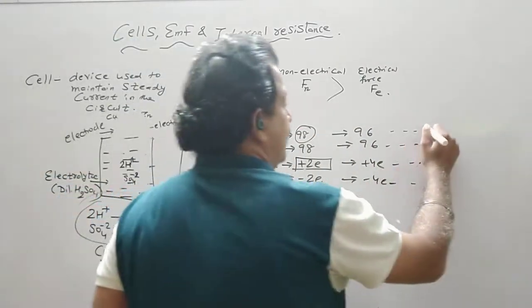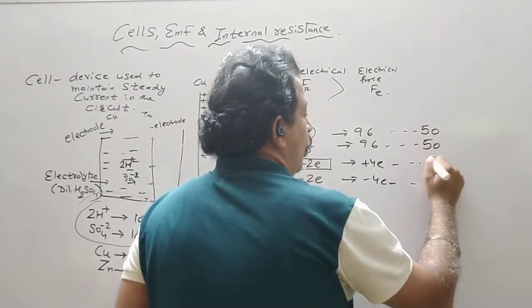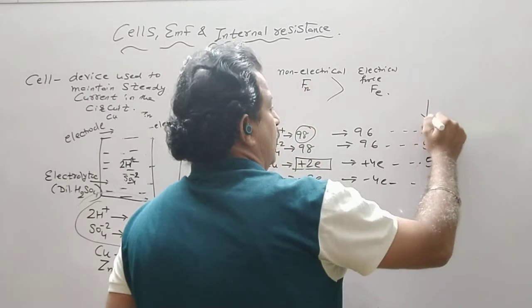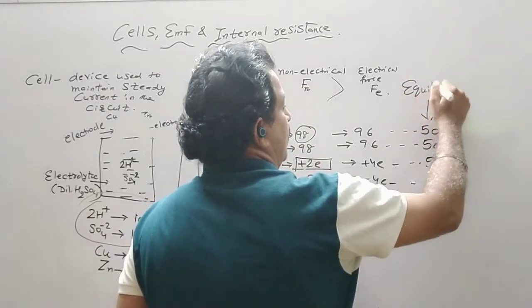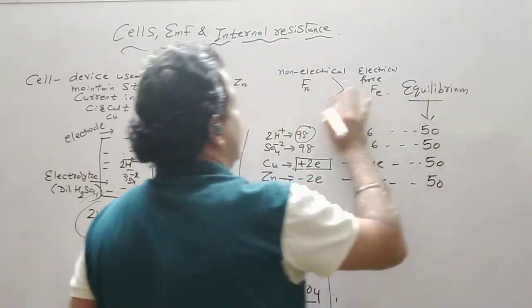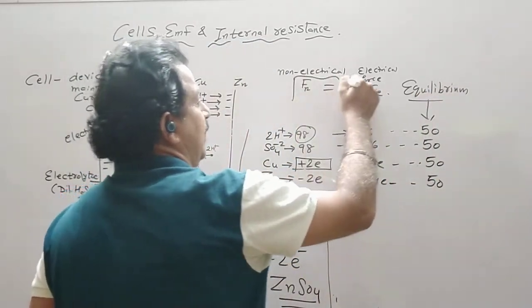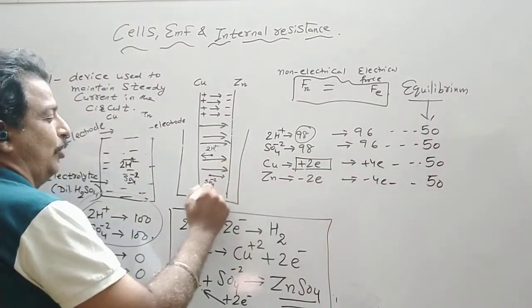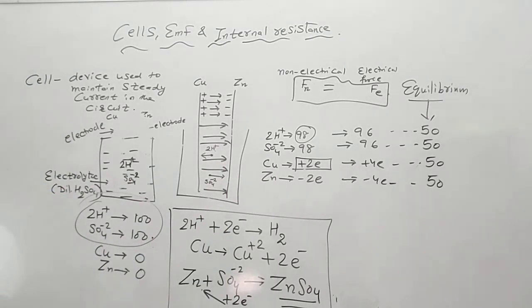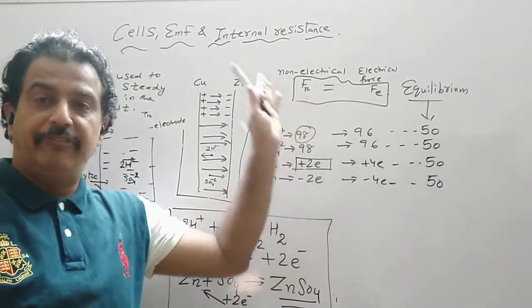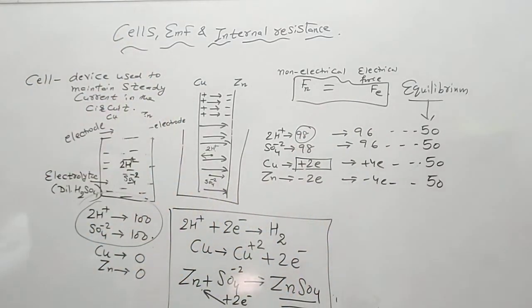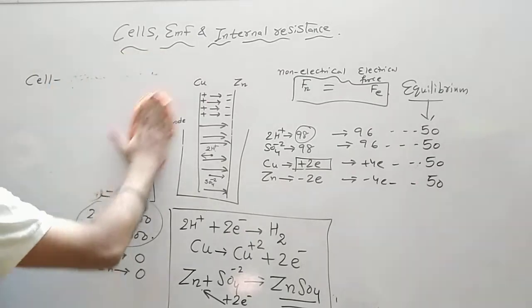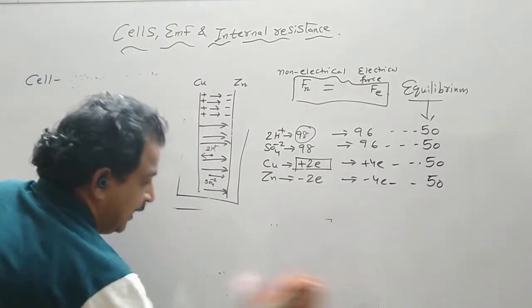Now this process will continue till the situation becomes equal, that is, an equilibrium is established, and now Fn is equal to Fe, and we say one electrode is positively charged and the other electrode is negatively charged. Now Fn is equal to Fe. This is how one rod becomes positively charged and the other rod becomes negatively charged.